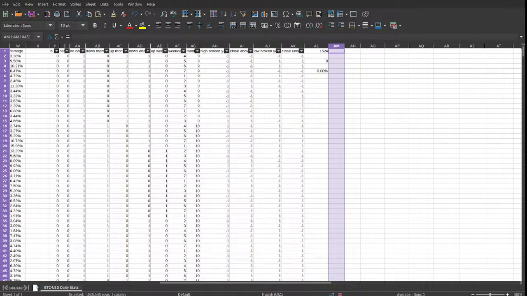I need more. And the thing with floating point values is they're not consistent.